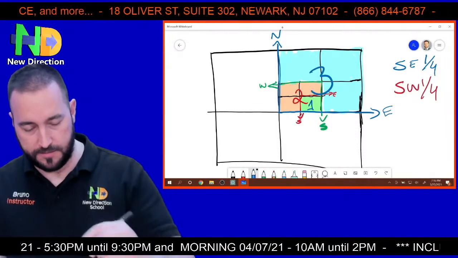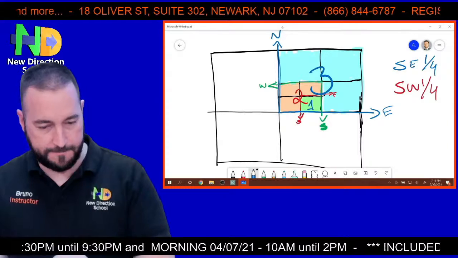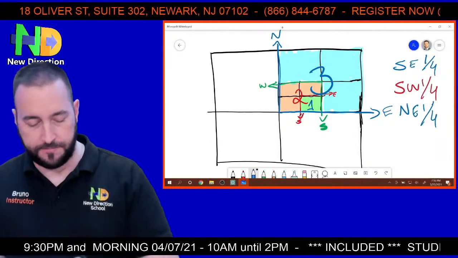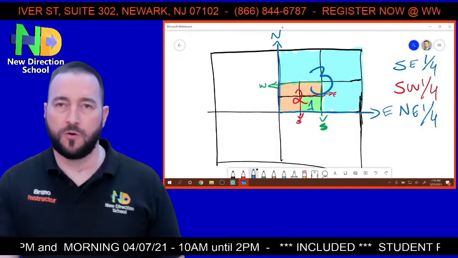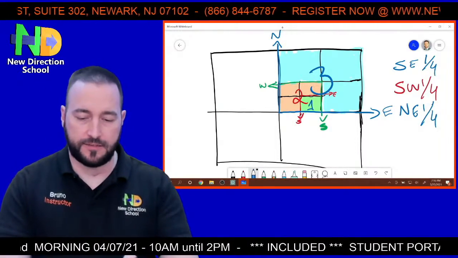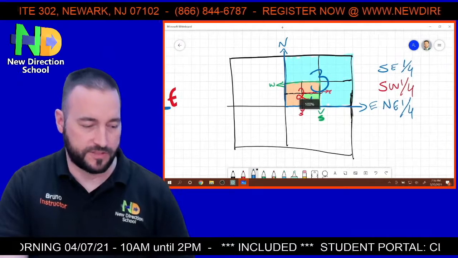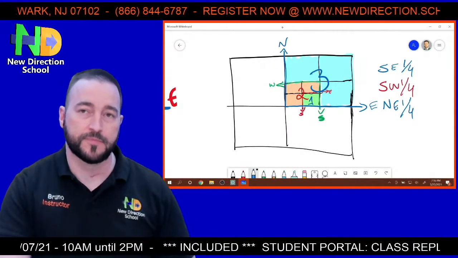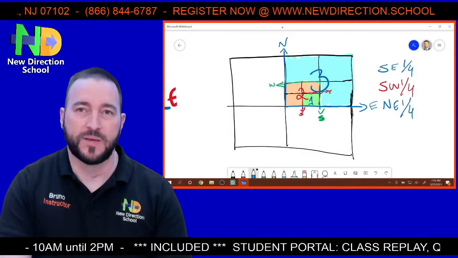And big one here is the northeast quarter. So what we own is located on the southeast quarter of the southwest quarter of the northeast quarter of section 1. Okay? Everybody got it?